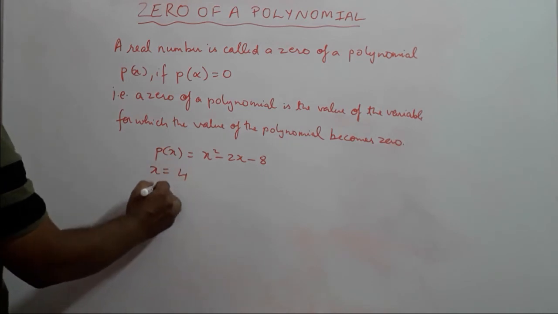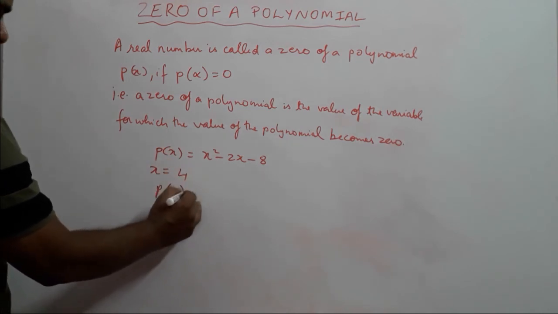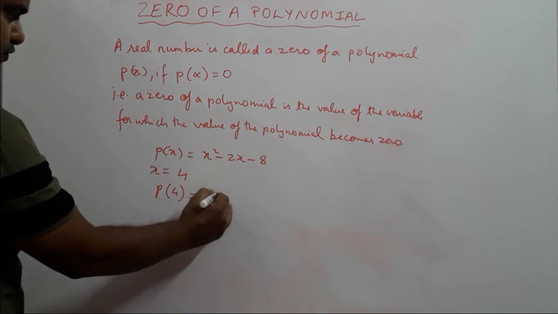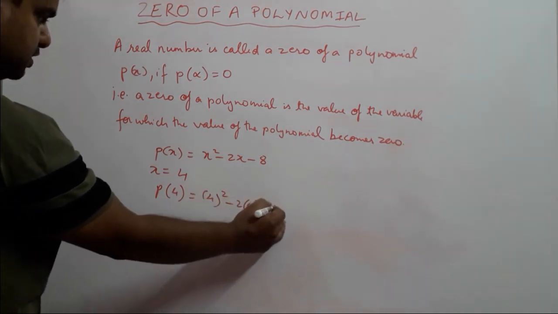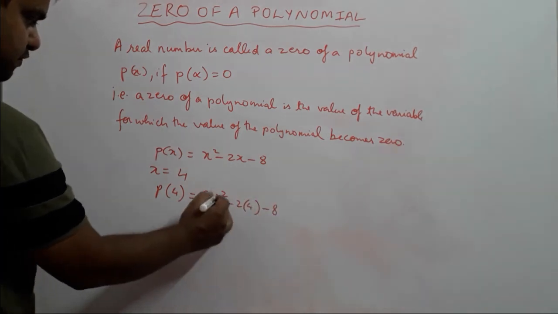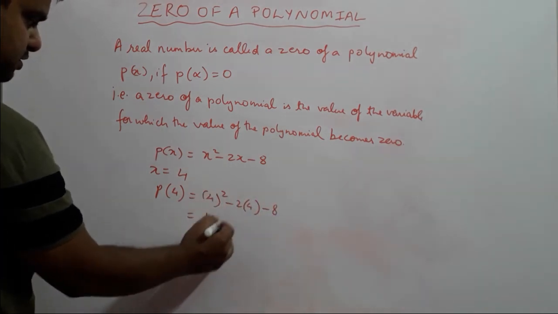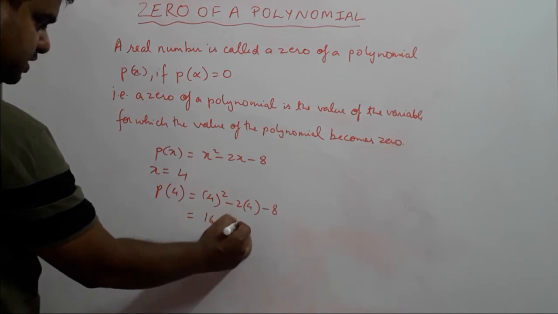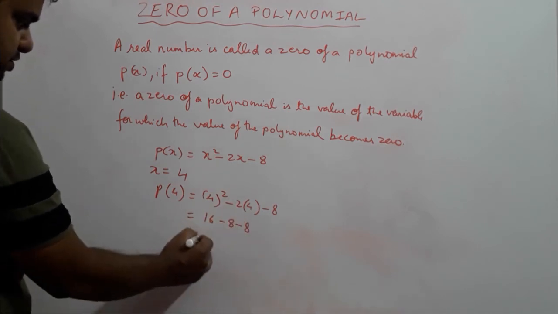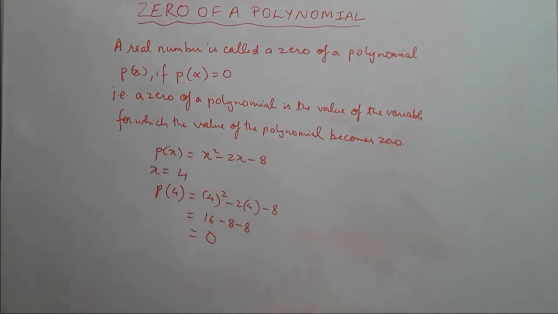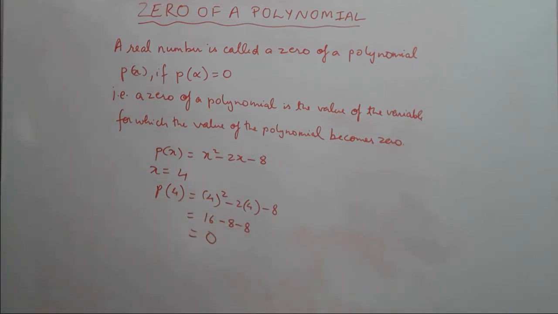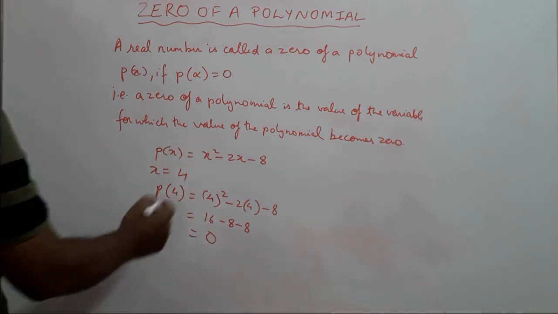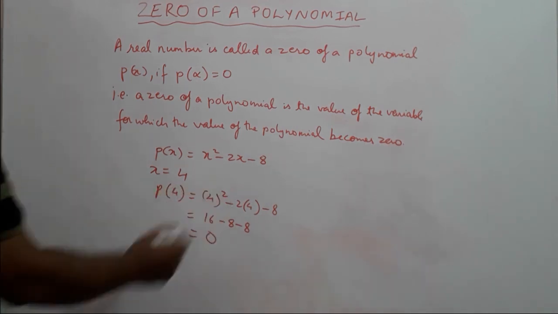Let's see what we get. P of 4 equals 4 square minus 2 times 4 minus 8. 4 square is 16, minus 8, minus 8, so that comes to minus 16. So 16 minus 16 is 0. So we got p of 4 equal to 0.